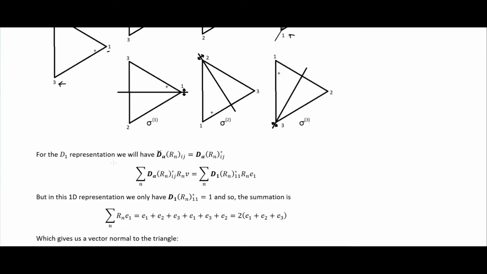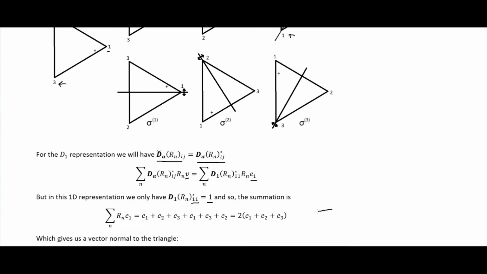And so for the D1 representation, we have that the contragradient is just equal to this representation here, the complex conjugate representation there. And so, like I said, we're acting on our vector there and we're saying that that is E1. But in the 1D representation, we only have the i equals 1, j equals 1 here. And so that only equals 1.